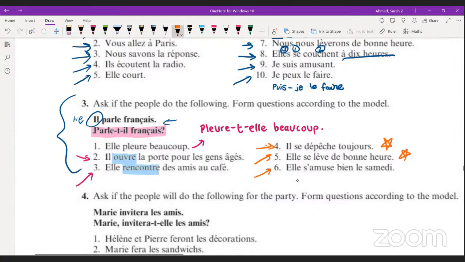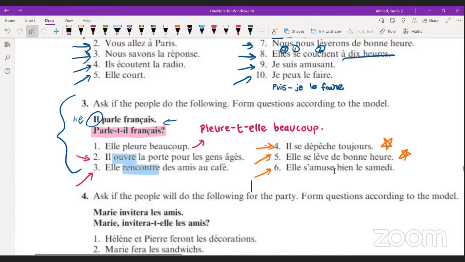Okay, number 6 now. Elle s'amuse bien le samedi. Okay, another question. S'amuse-t-il bien le samedi? Okay, very close.